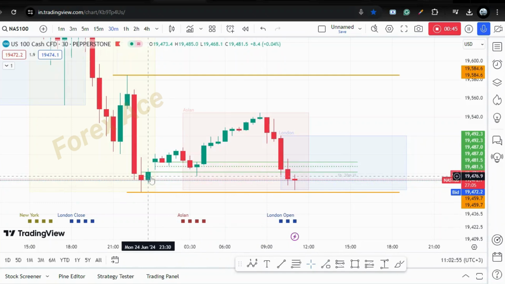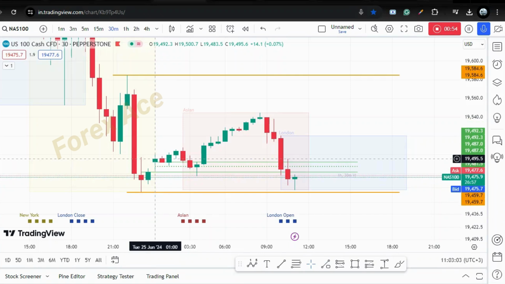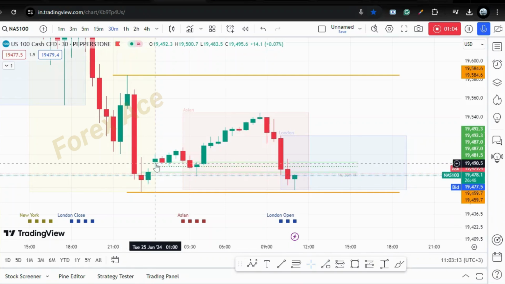This candlestick is on Monday, 24th June. This is Tuesday, 25th June, which is today. This is yesterday. So the market opened with a gap. This gap has been respected, right?